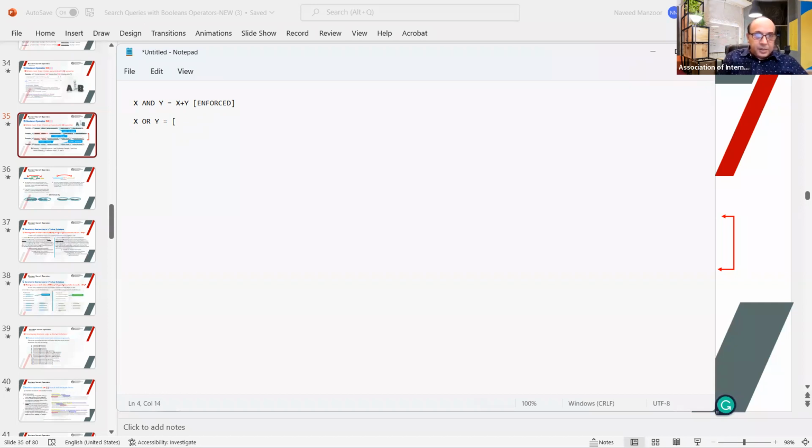I'm going to combine it in an algebraic way so that everybody understands the brackets and things as I'm putting.